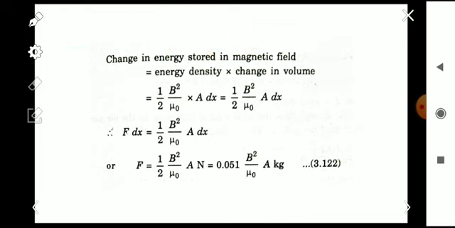I hope it's clear. We get the change in energy stored in the magnetic field as half B square by mu 0 into A into dx.